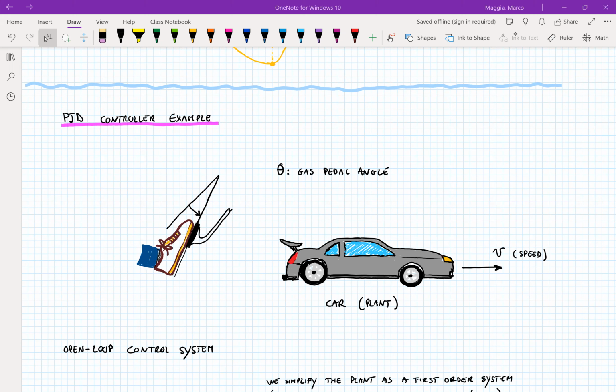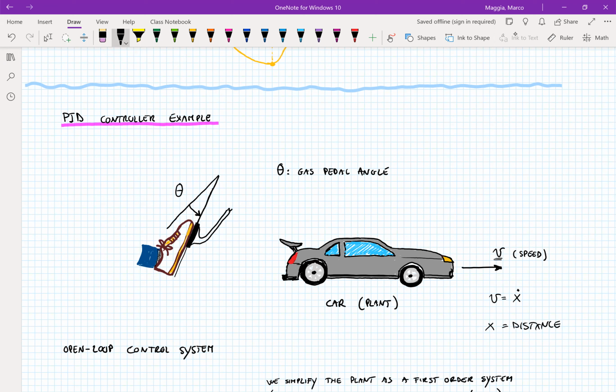So our plant, what we want to control, is a car, and the input is going to be the angle of the gas pedal, and the output is going to be the speed of the car, which I'm going to indicate with V, but I will also indicate it as x dot, where x is the distance that the car has covered.